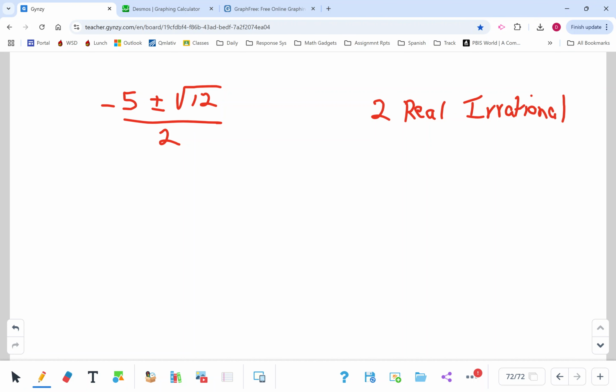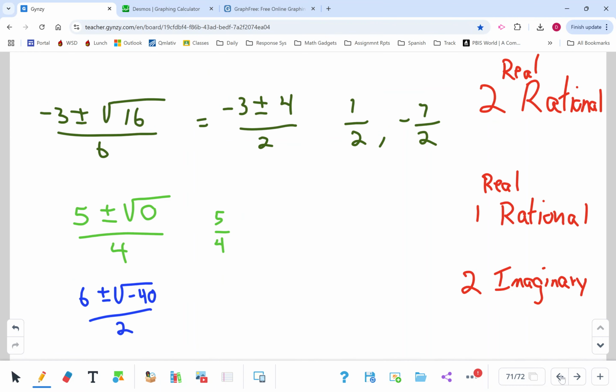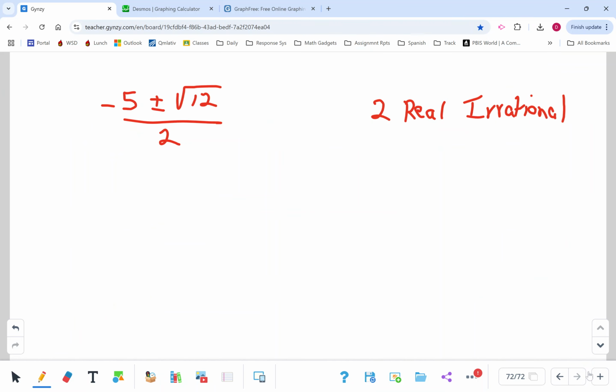So there's 4 different cases we end up with here. There might be 2 real rational solutions if the number under the square root sign is a perfect square. There would be 1 real rational solution if the number under the square root sign is 0. And if the number under the square root sign is a negative number, you get 2 imaginary. Lastly, if the number under the square root sign is positive but not a perfect square, then it ends up being 2 real irrational.